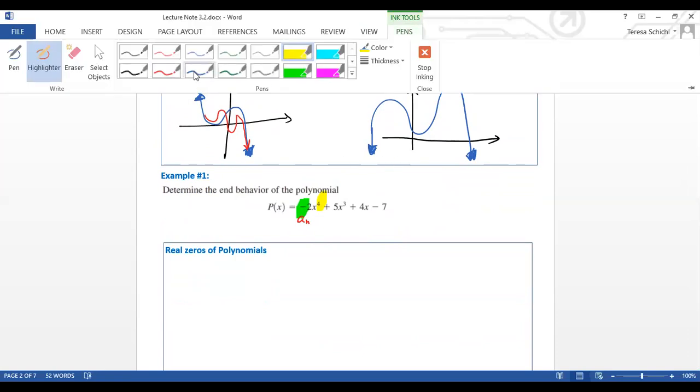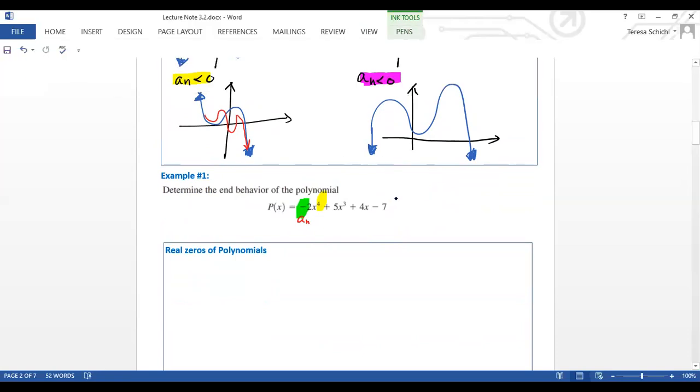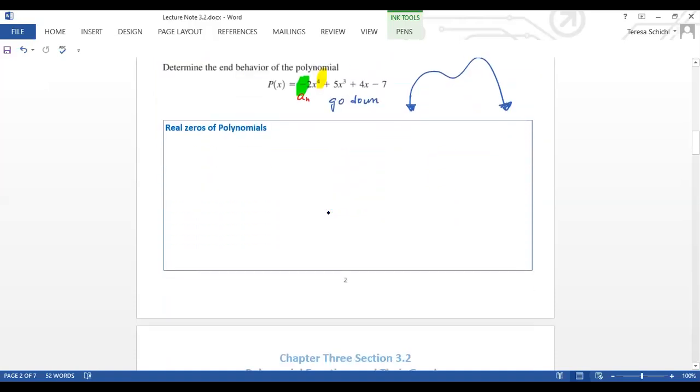So I know the end behavior is that both legs are going to go down, because it's an even degree and the leading coefficient is negative. If you put it into your calculator or some graphing device, that's what this graph shows, with both legs going down because a_n is negative and the degree is even.